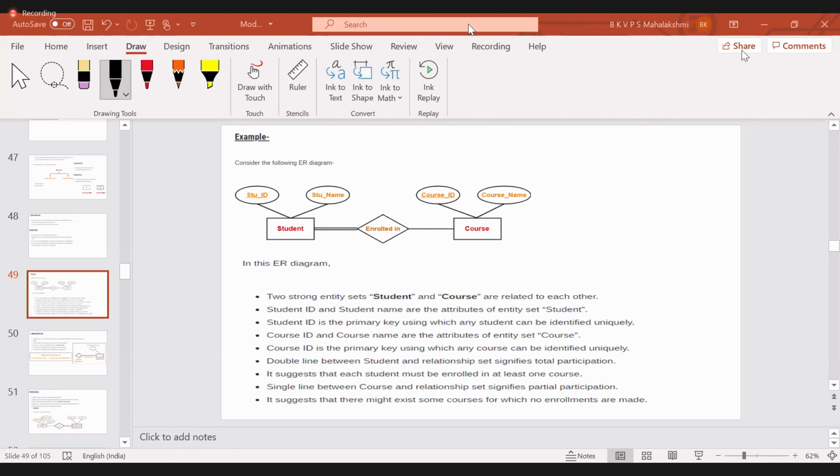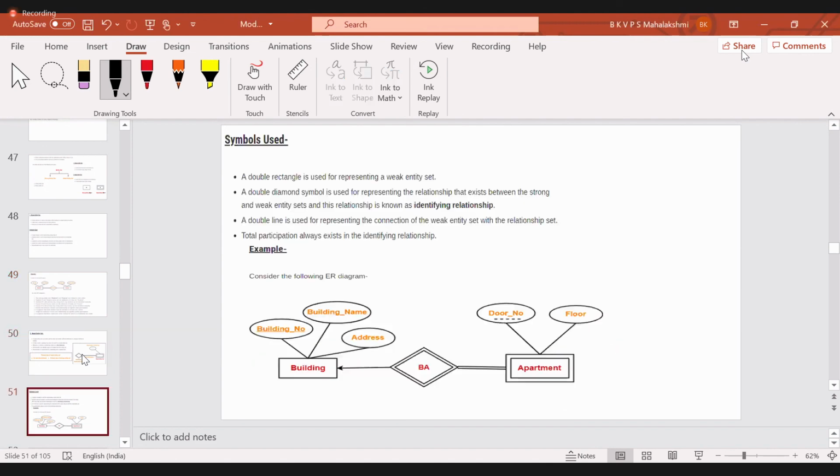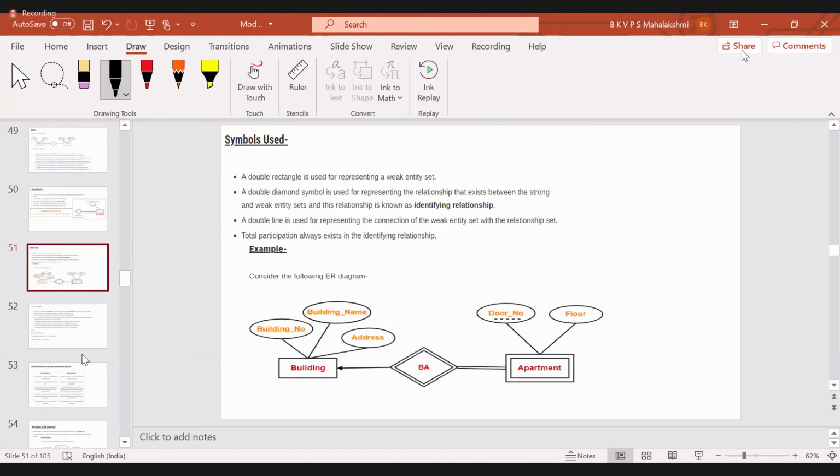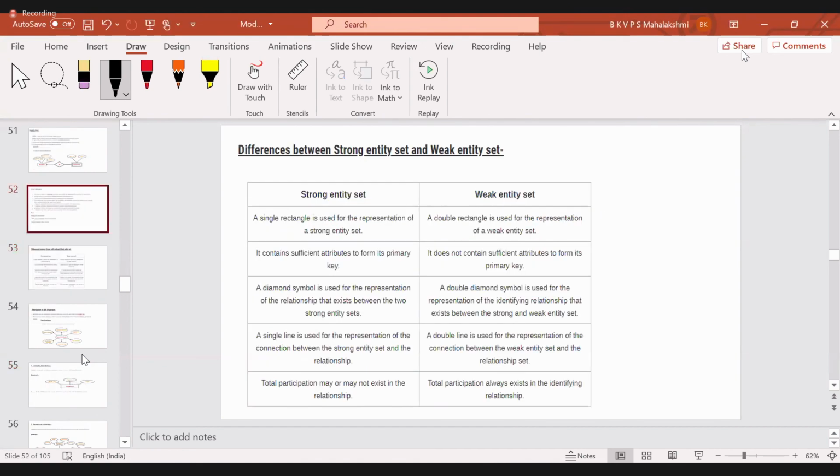Yes, ma'am. So I'm just sharing this slide here. You can go with it. Just read all the differences. I'll also tell you the meaning of the differences.